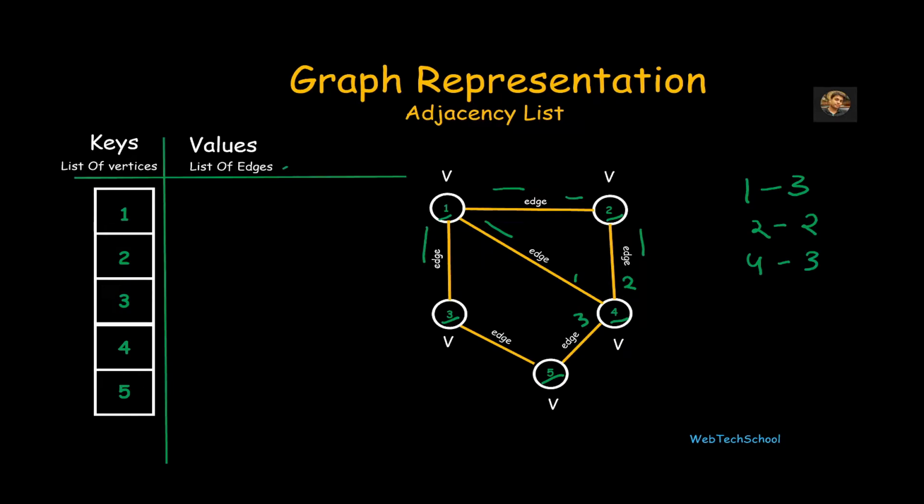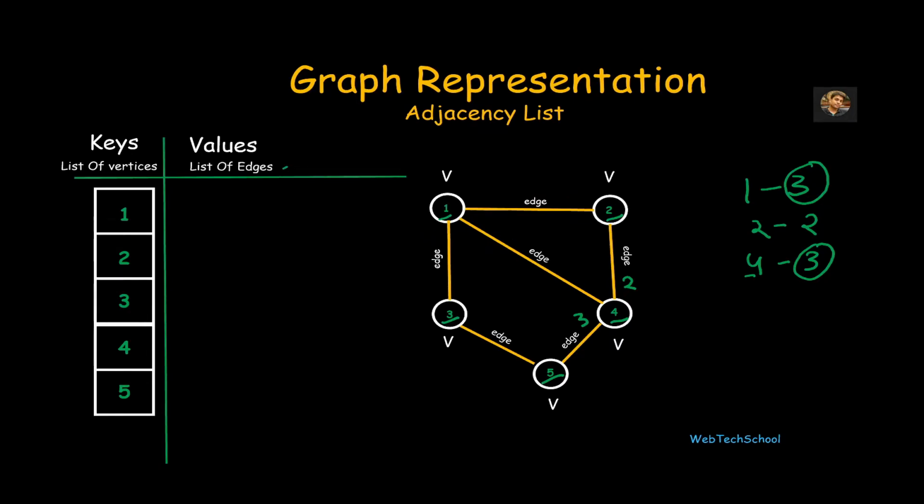So against each vertex, the amount of data we are storing can be a dynamic value. We need to think of a data structure which can grow dynamically, and the data structure which can do that is the linked list. So against each key, we will create a linked list which can store this edge information.